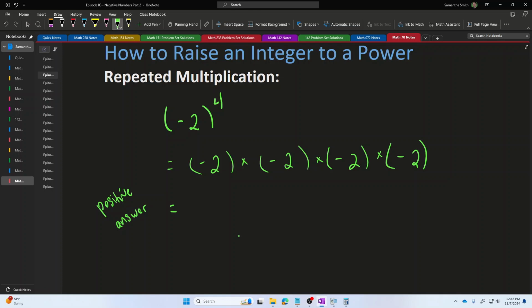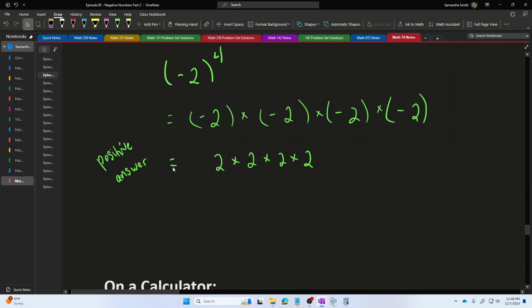So all I have to do is take 2 times 2 times 2 times 2, multiply the positive versions of these numbers together, and keep the final answer positive in the end. So 2 times 2 times 2 times 2 gives me 16. Positive 16 would be my final answer to this question.